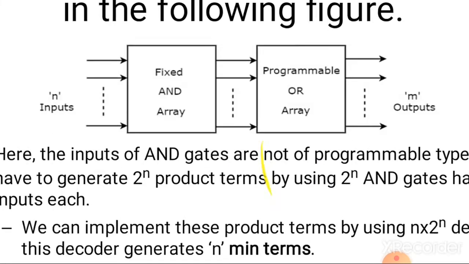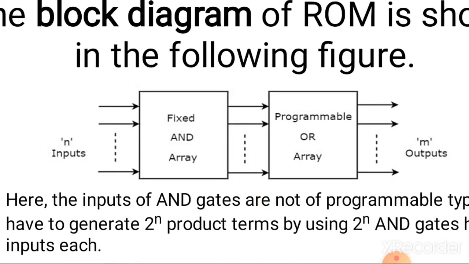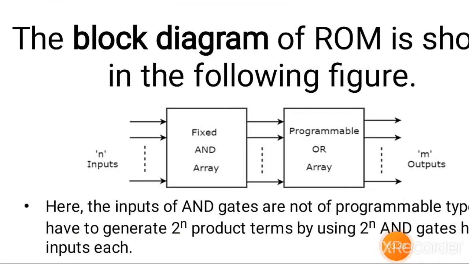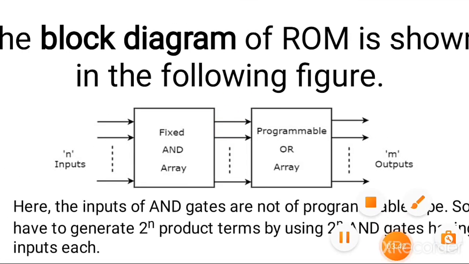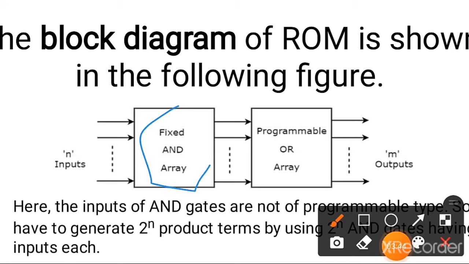This is the block diagram of a ROM. Here we are using a fixed AND array and a programmable OR array.